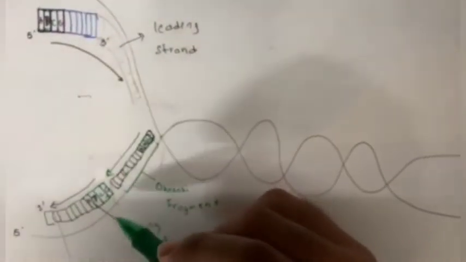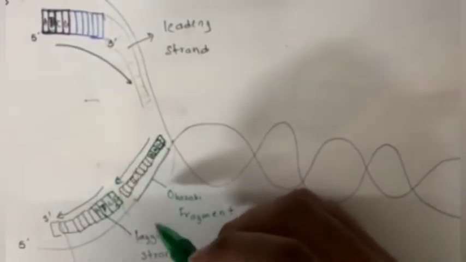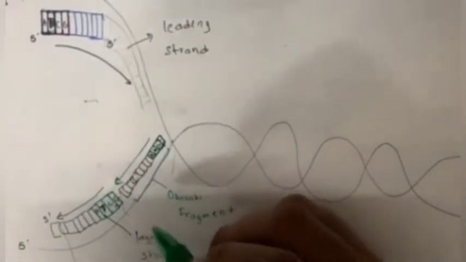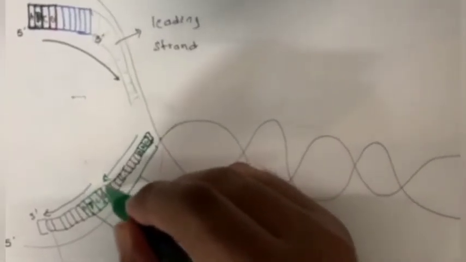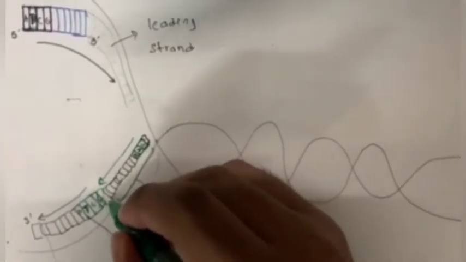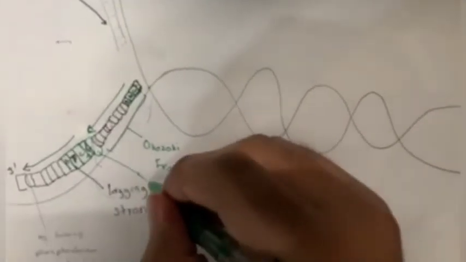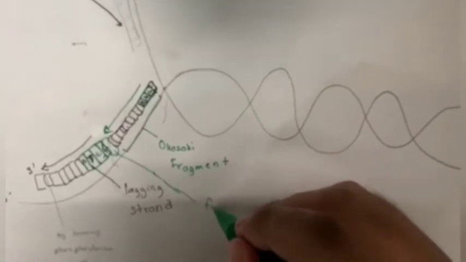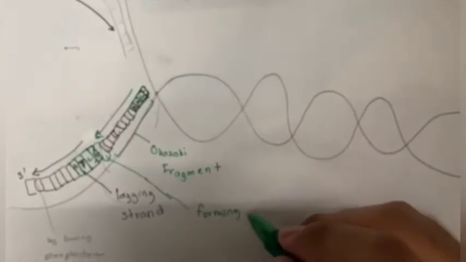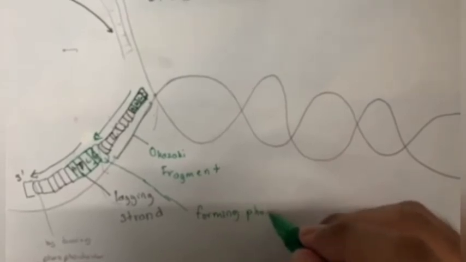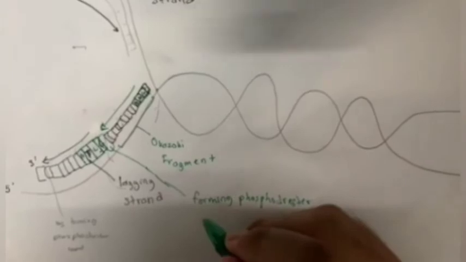Okay, next, two Okazaki fragments will be joined by DNA ligase by forming a phosphodiester bond.